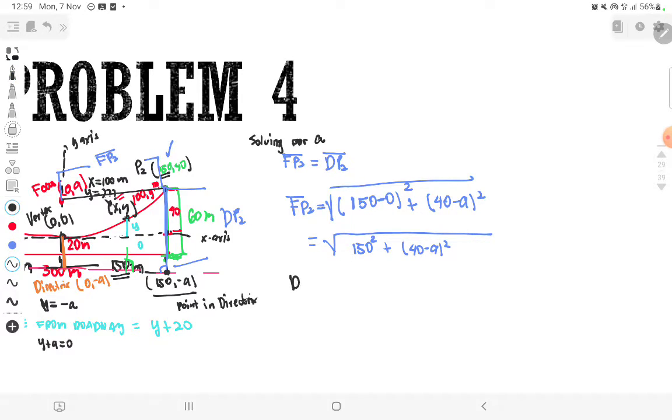Next is my DP2. So DP2 is simply equal to the square root of 150 minus 150 squared plus 40 minus negative a, and this is squared.